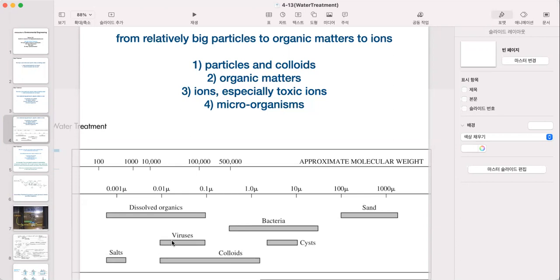Two weeks from today, we are going to study the membrane process. Not today. Membrane is nothing but a filtration, like paper-type filtration.